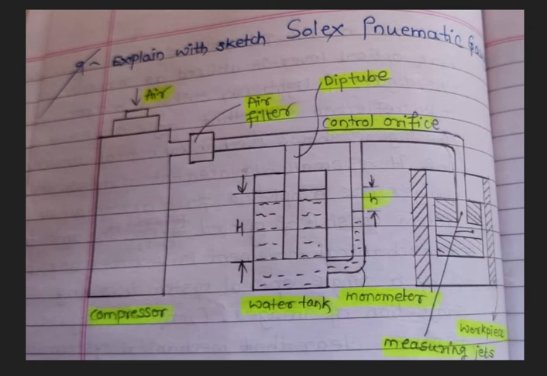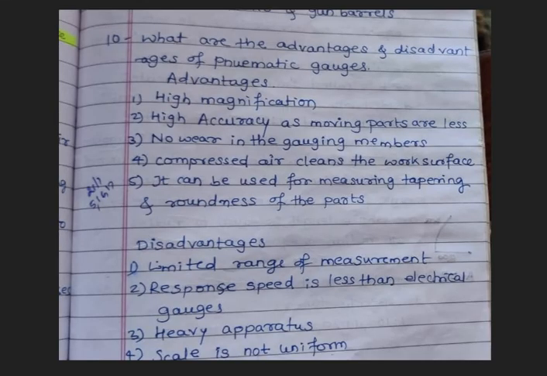Now we shall go to the next question, that is the 10th question. What are the advantages and disadvantages of pneumatic gauges? Advantages. First one, high magnification. Pneumatic gauges will give very high magnification because of the air we are having there.